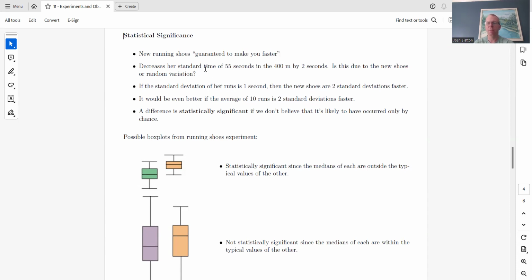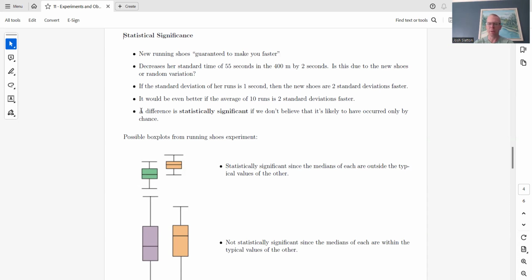If she does the run once and it's 2 seconds faster, that could just be, like I said, a good day, feeling good, you run a little bit faster, that kind of thing. But if you're doing it 10 times in a row, then maybe we're 2 standard deviations faster, and maybe that is something we could say is due to the only change, presumably, that she made, which would be the shoes.